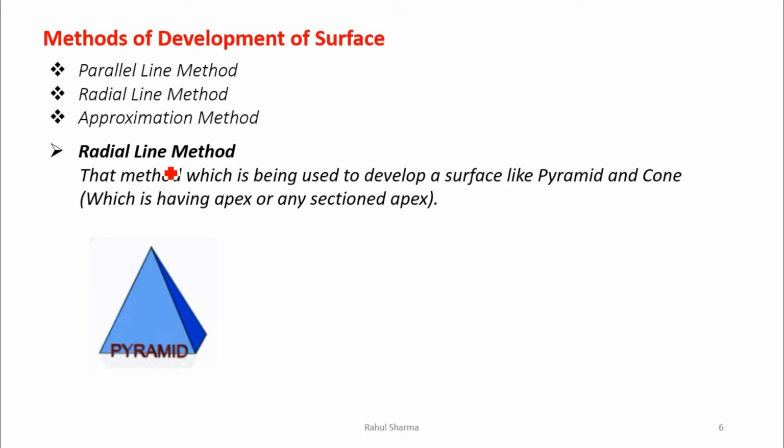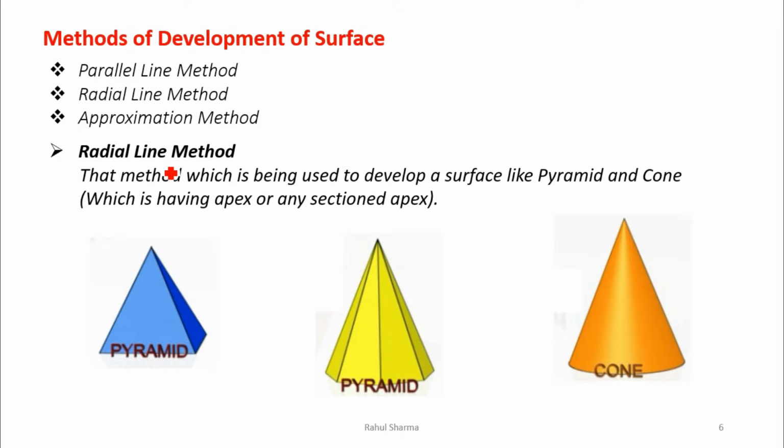So what is the similarity in all these solids? All have the apex, but in the case of frustum or truncated pyramids or cones, the apex will be missing over there, but still when the category is cone or pyramid, we have to apply the radial line method.